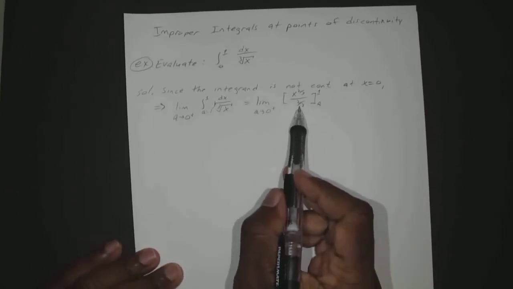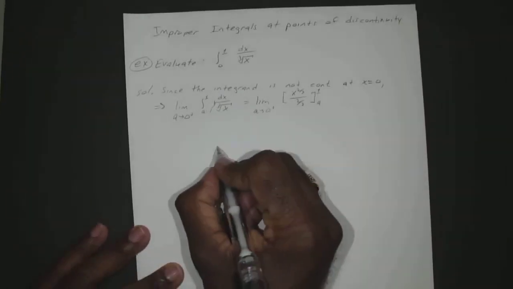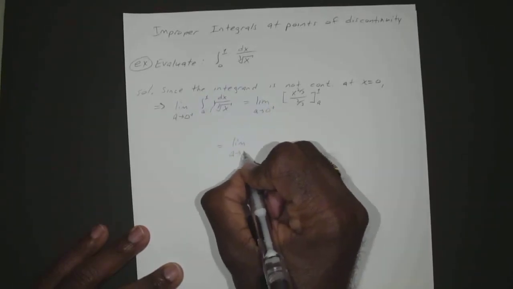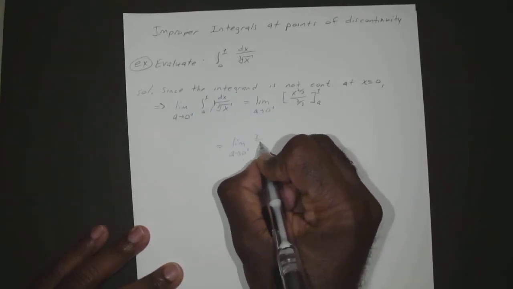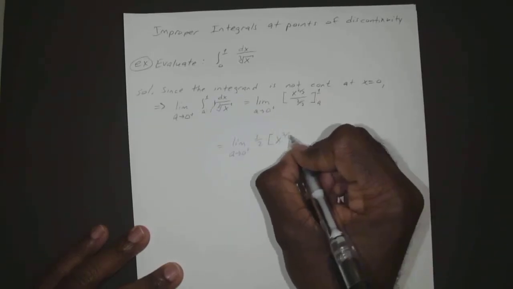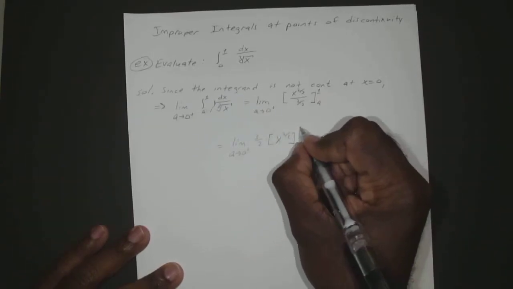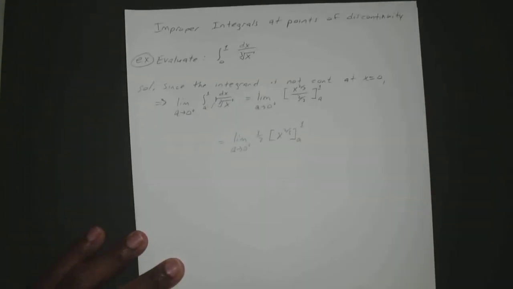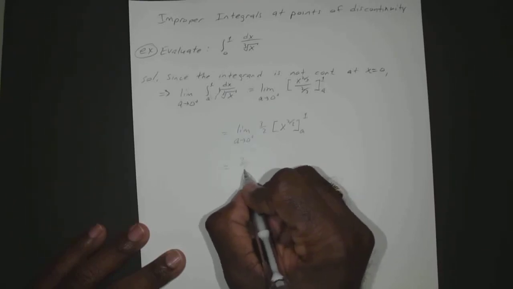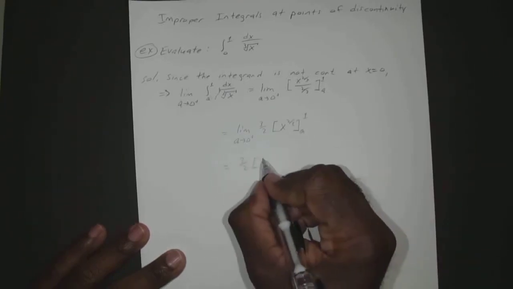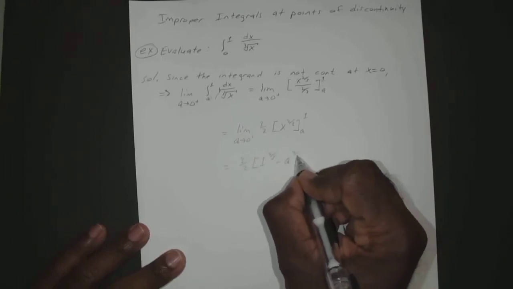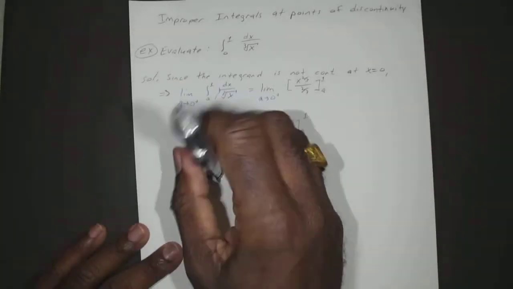Okay, so we can actually get that 3 over 2 and bring it out to the front. So a approaches 0 from the right, times 3 over 2, x to the 2/3 from a to 1. Which is equal to 3 over 2 times, we plug in 1, so we have 1 to the 2/3 minus a to the 2/3. Actually, we still have our limit there.